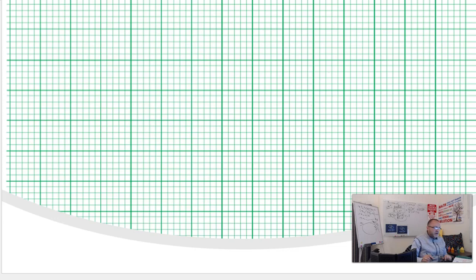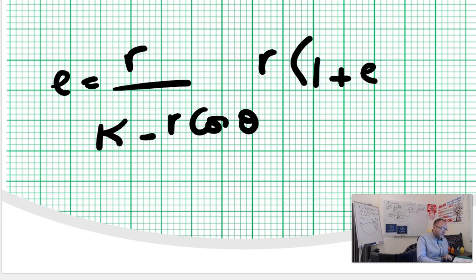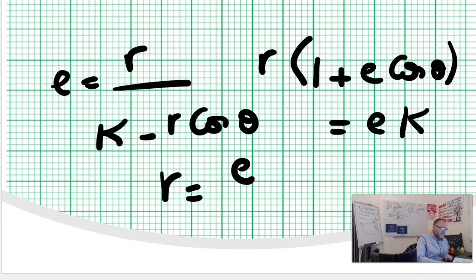So I go back here, and all I can say now is E equals R over K minus R cosine theta. And then if I do my cross multiplication, I get R times 1 plus E cosine theta equals E times K. So R equals E, there is an E here.